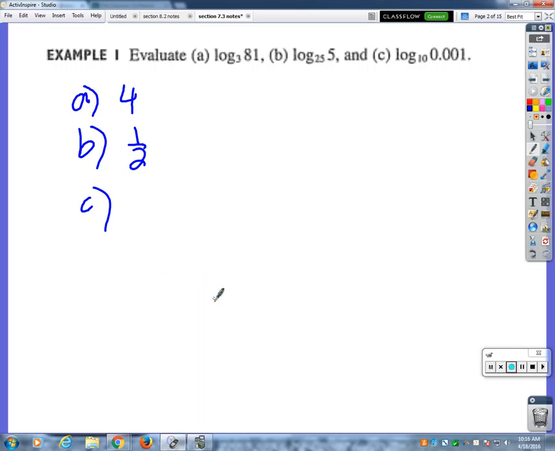And then finally, log base 10 of 0.001 is again saying 10 to the what power is 0.001? Negative 3, because if you go 10 to the third power, that's 1,000, but we want one thousandth, so you have to make that negative so that it will go on the bottom.